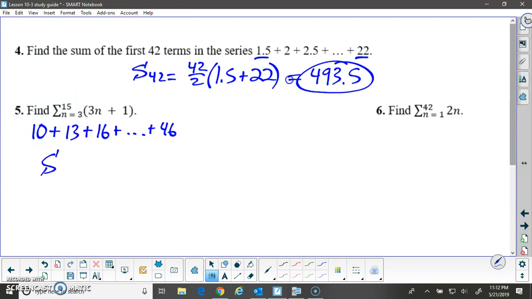Thus, the sum of, let's see here, 15 minus 3 is 12. 12 plus 1 is 13. So the sum of the first 13 terms would be 13 over 2 times 10 plus 46. And that would give us our sum.